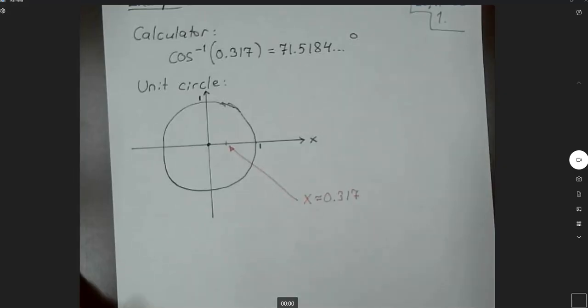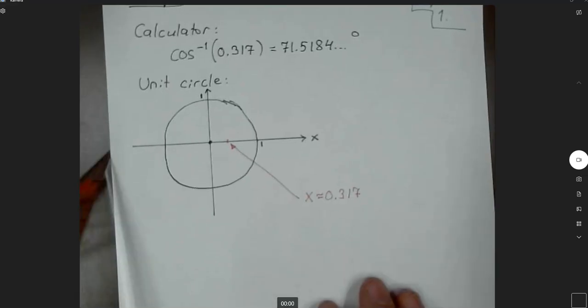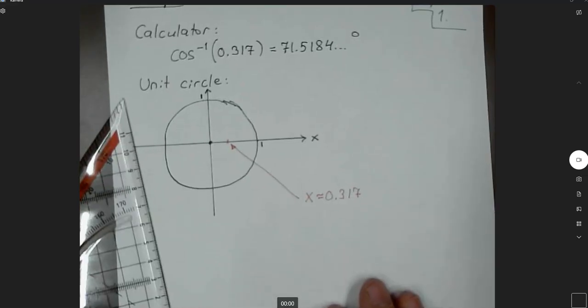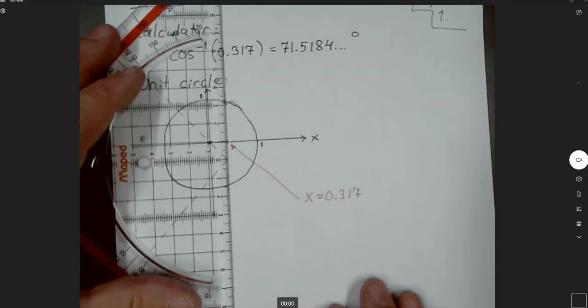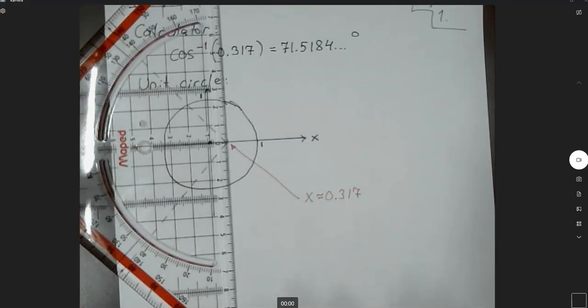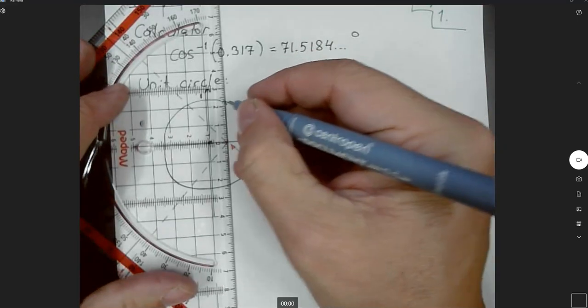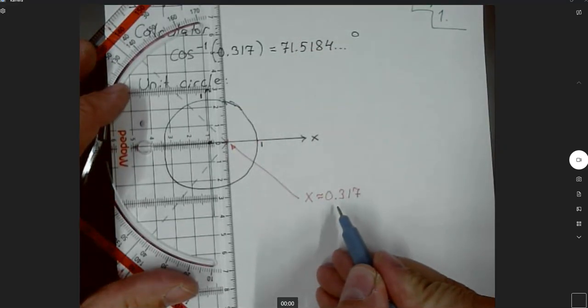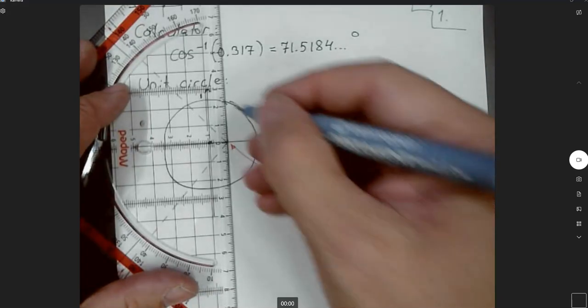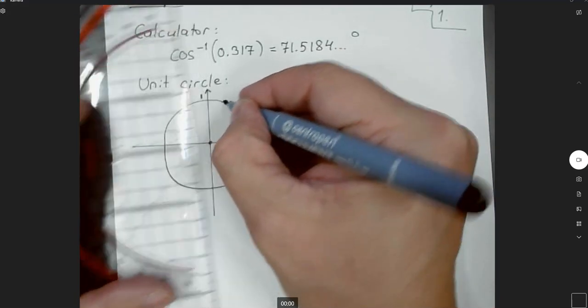And where is the angle that has the property that it gives the x-coordinate of the point in the circle the same as this 0.3? We can see that here is another one.